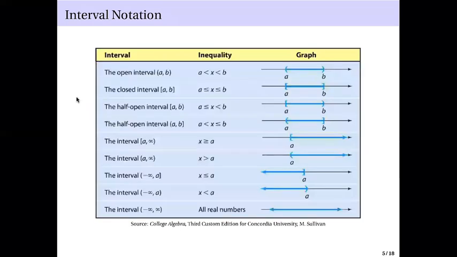Now, on the first column, we have these intervals. On the second column, we have the inequalities. So this is the inequality representation of the interval, and so on and so forth. And then on the third column, we see the graph of this inequality.